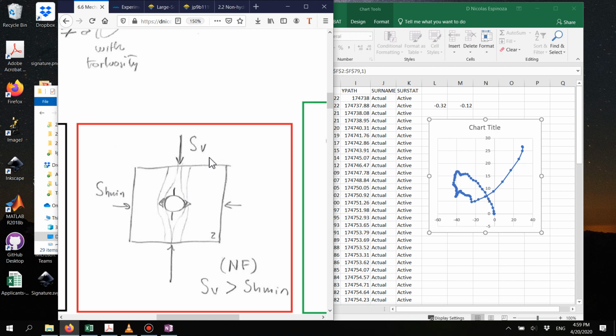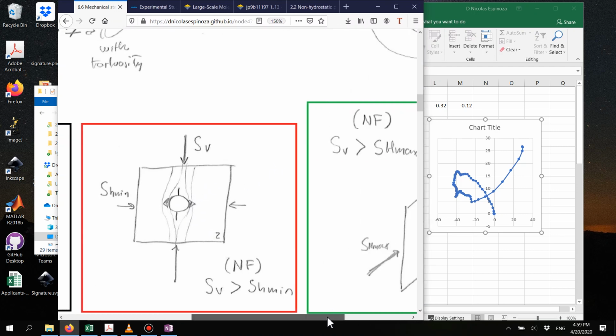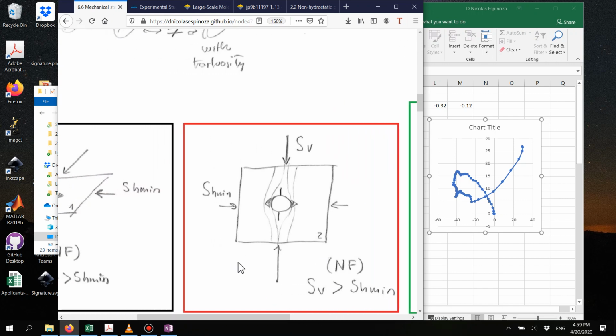The largest one, which is SH max in a vertical wellbore, now will be replaced in this case by SV, and the lowest one, which in the case of a vertical wellbore is SH min, in this case will still be SH min. So the equation remains the same. The only thing that you change are the stresses, and you use the stresses that apply for a particular orientation of a horizontal wellbore. And let's see the last case now.